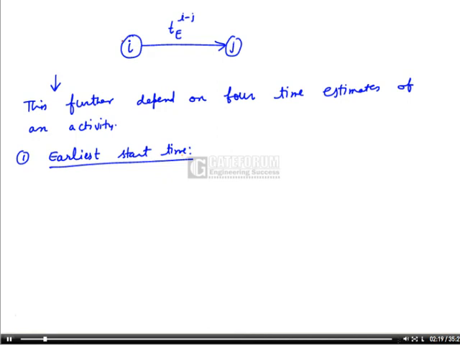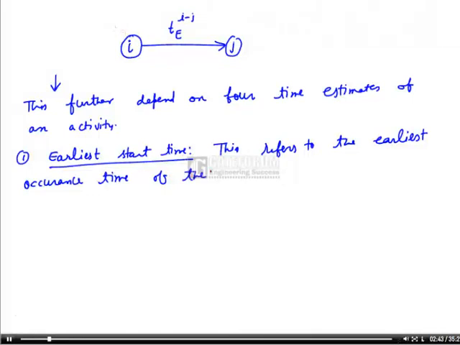So earliest start time is always calculated at tail node, and this refers to the earliest occurrence time of the event where the activity arrow originates.